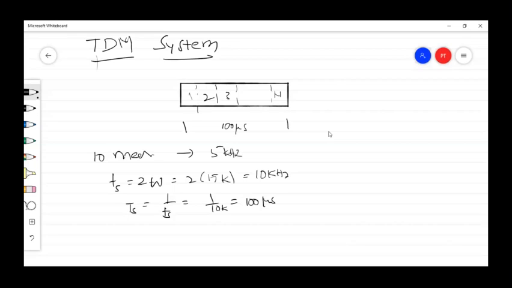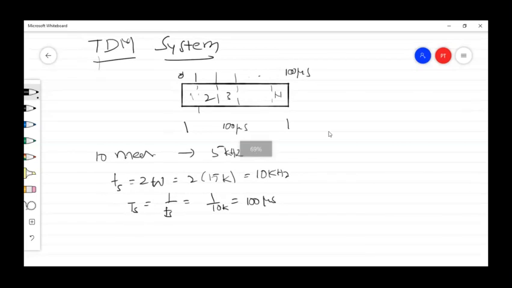So we need to divide this 100 microseconds, that is from 0 to 100 microseconds, into how many time slots? 10 time slots. So first time slot, second, third, and so on. So this is the first time slot. 0 to how much? 0 to 10 microseconds, 20 microseconds, 30 microseconds, and so on.